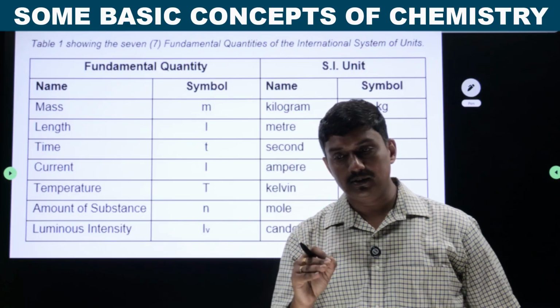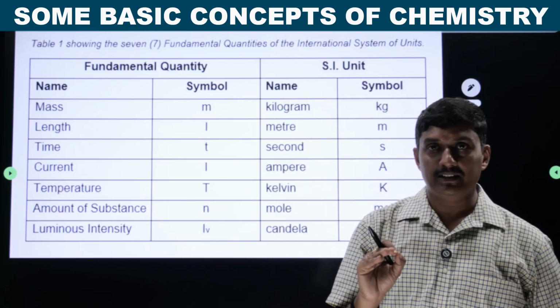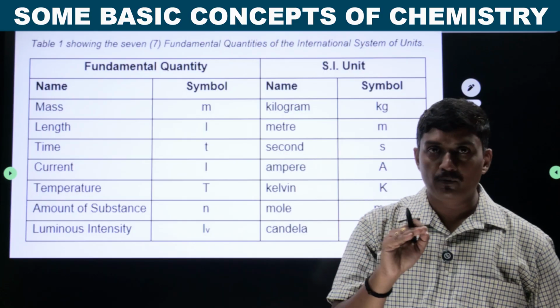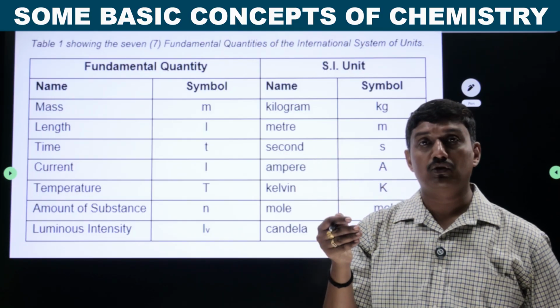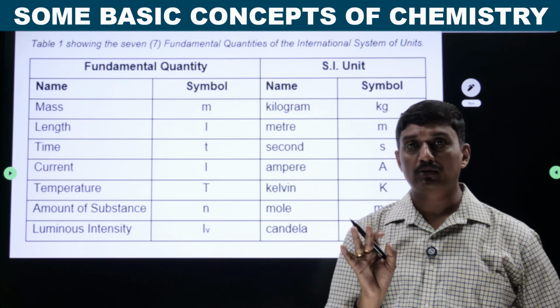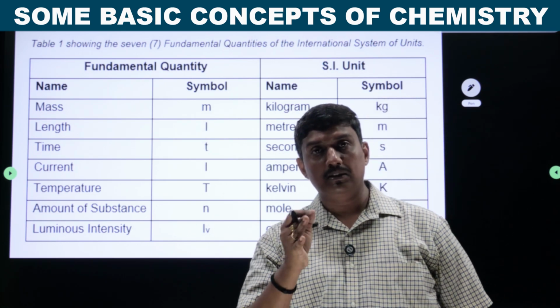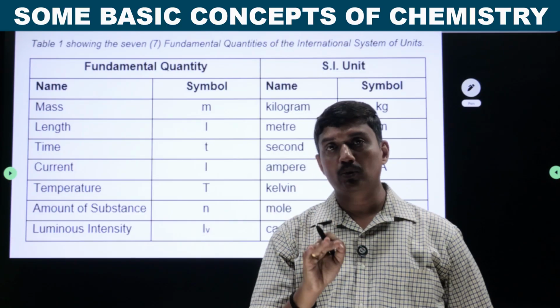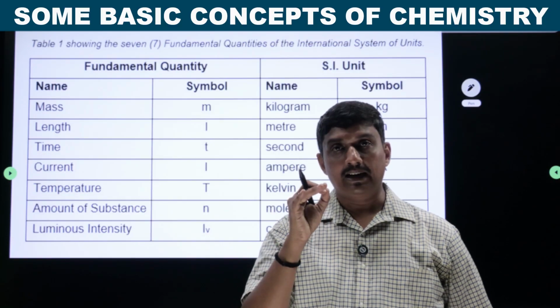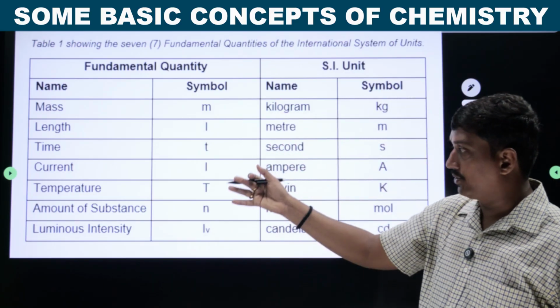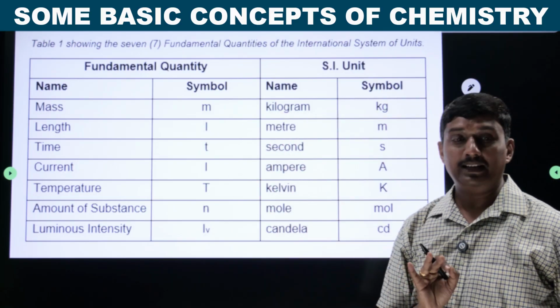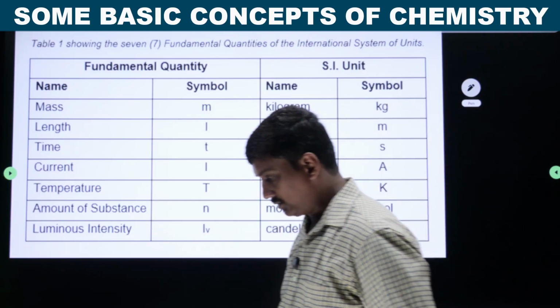So in research or in science, to overcome the confusion, we follow a standard international unit, that is the SI system. It does not mean that other systems should not be used. We can use them, but it is a standard system to be followed. So whatever I am discussing is with respect to the SI system or standard system.